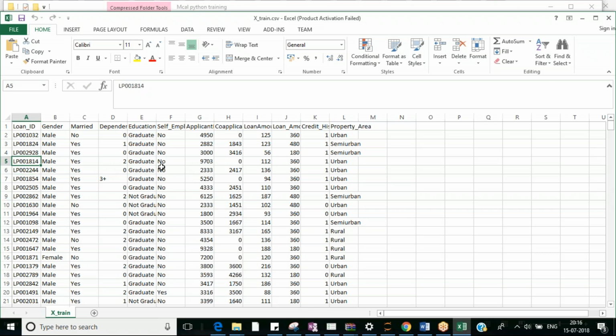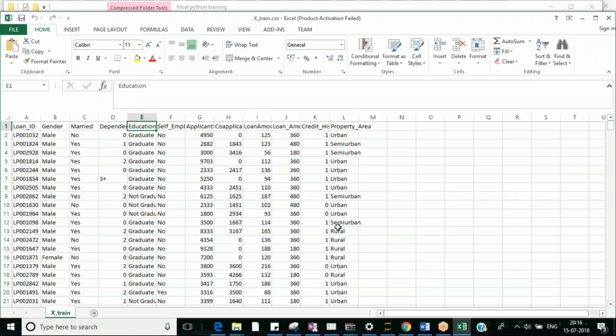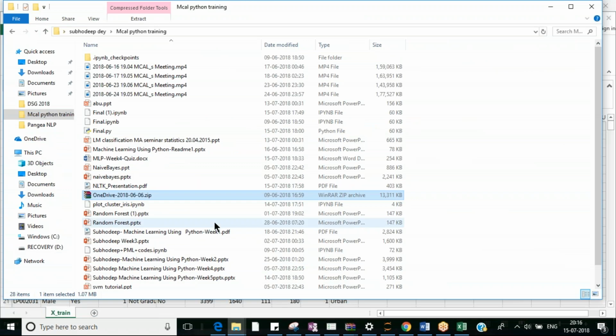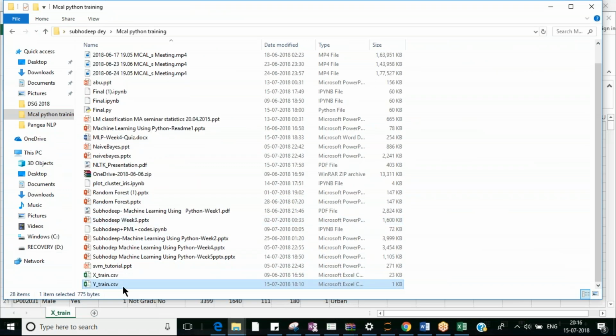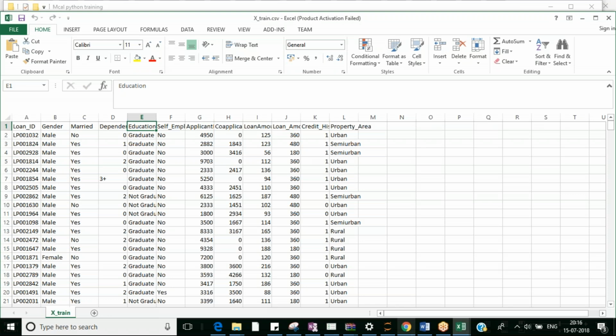So basically, this is the X part, the predictors, based on these parameters you are trying to predict. Let me open the Y. So whether this guy will default on the loan or not. Okay, so this is a typical data set.